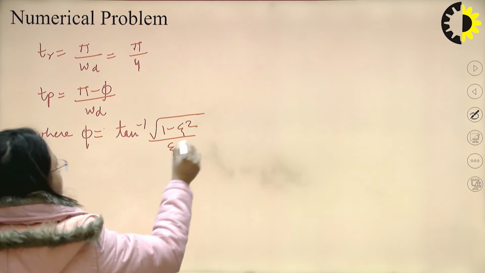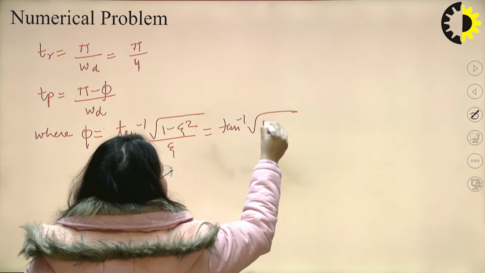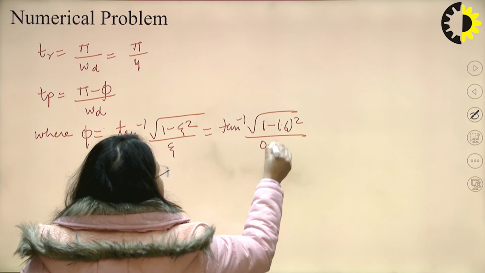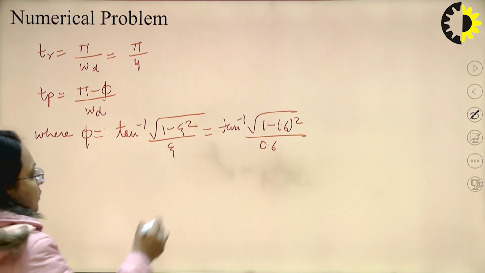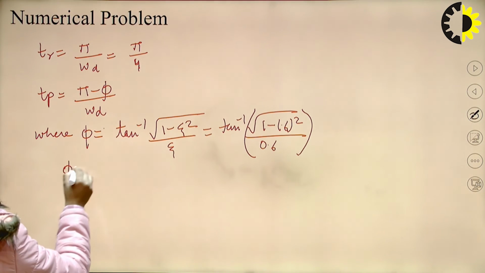So it is coming out to be tan inverse of under root 1 minus 0.6 whole square upon 0.6. I'll calculate this value, give me 1 second.